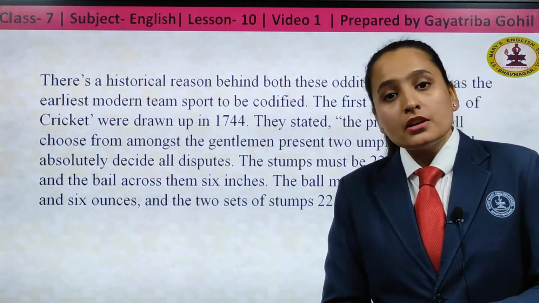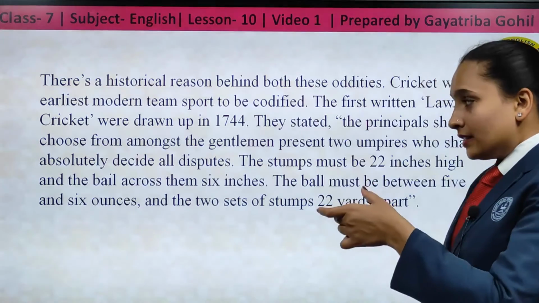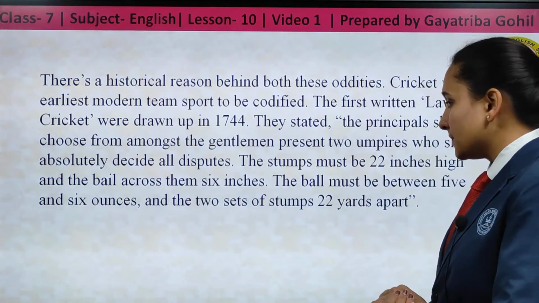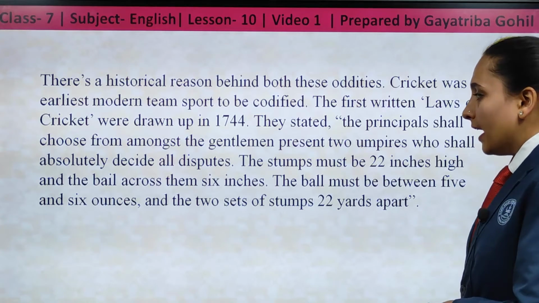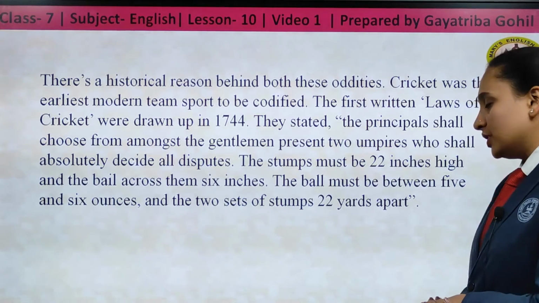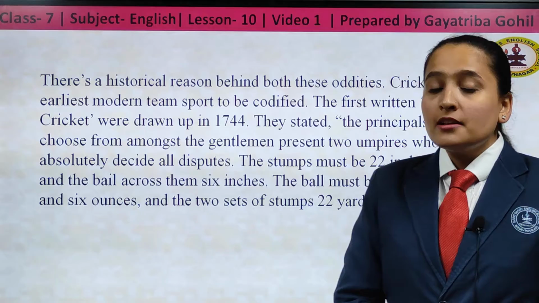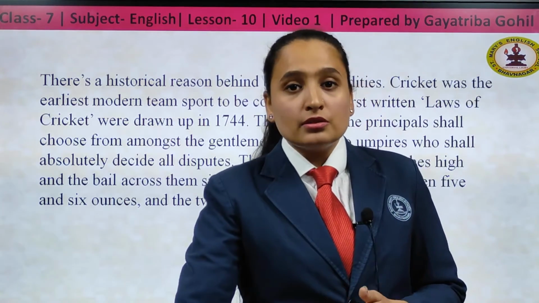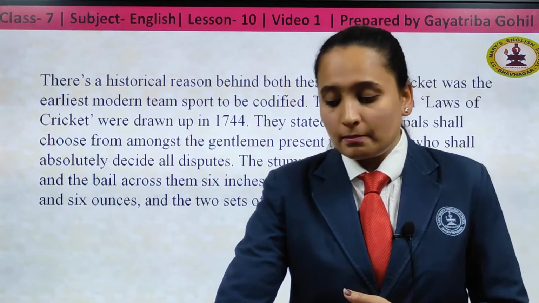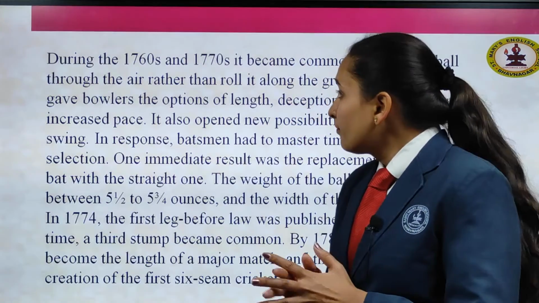The height of the stump should be 22 inches and the bail should be 6 inches. The ball must be between 5 and 6 ounces and the 2 sets of stumps 22 yards apart, which is the pitch of the cricket. Right? So these were some of the laws which were set down for playing cricket.